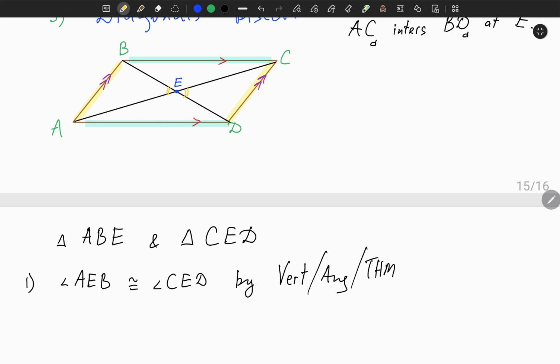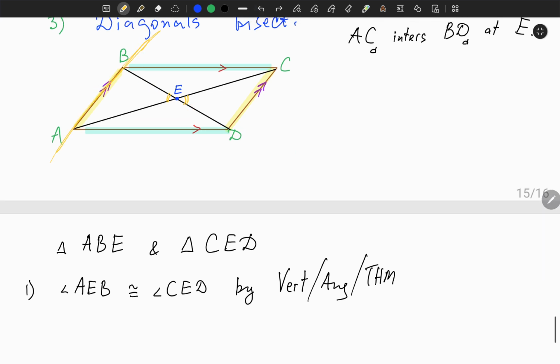Oh, pretty easy. We're going to use these two parallel sides, and we have a transversal, diagonal AC, which means alternate interior angles. This angle must be congruent to that angle.